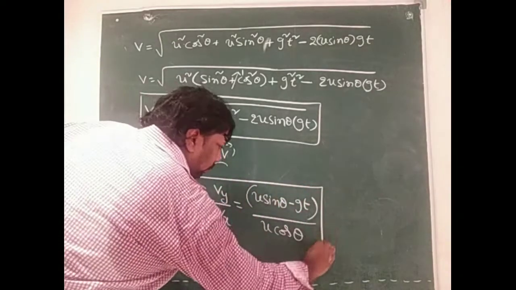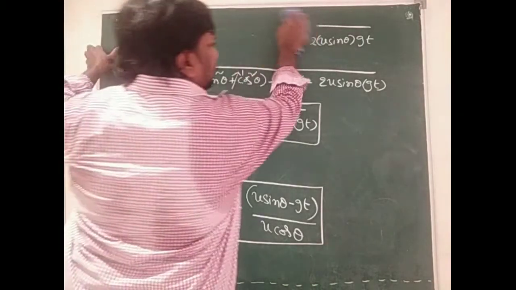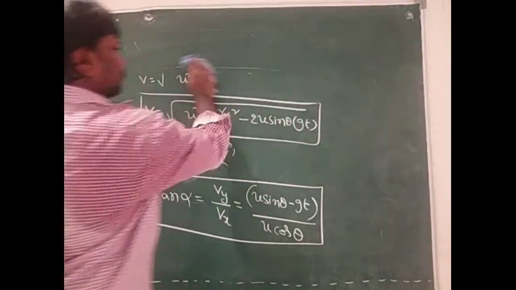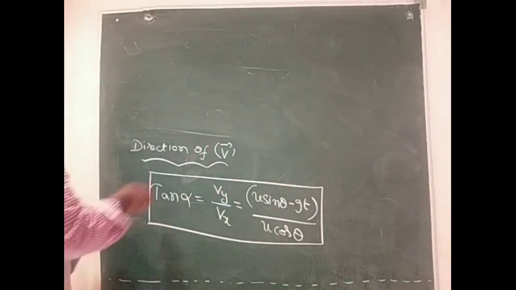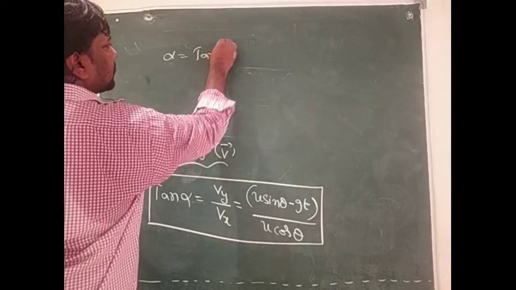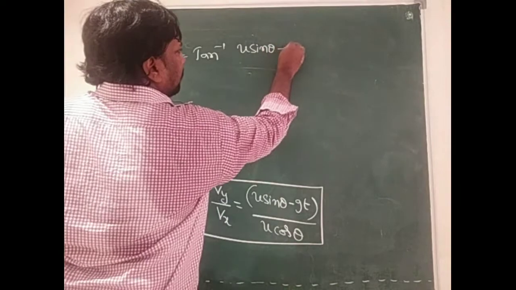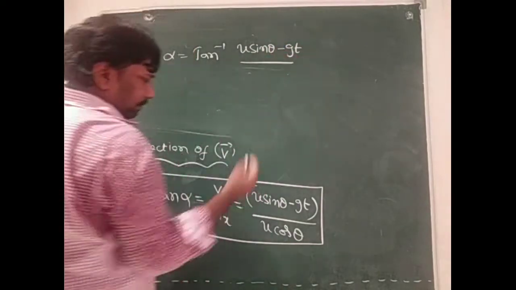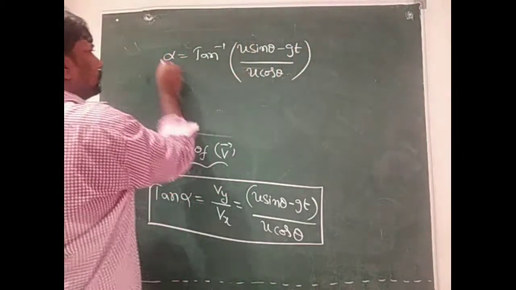So therefore alpha equal to tan inverse of u sin theta minus gt by u cos theta.